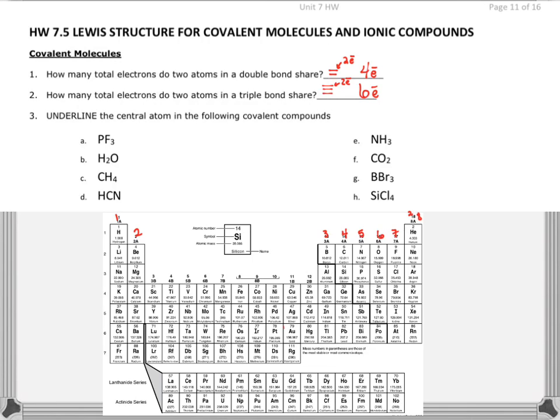All right, number 3 says, underline the central atom in the following covalent compounds. So quickly, I'm going to write down the rule for this. The central atom will always be found in least amounts. You can also identify a central atom because it usually is the first atom listed.